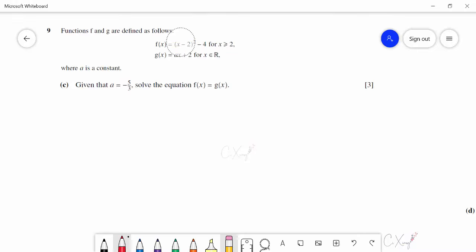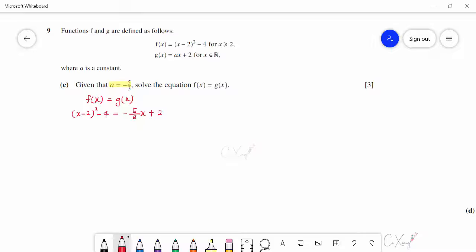To solve it, it is very straightforward. You just equate f(x) equals g(x). So f(x) is (x minus 2) squared minus 4, equals g(x). Given that a equals -5/3, I will straight away substitute -5/3 and then x plus 2.